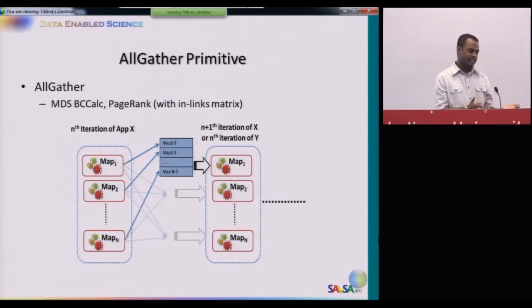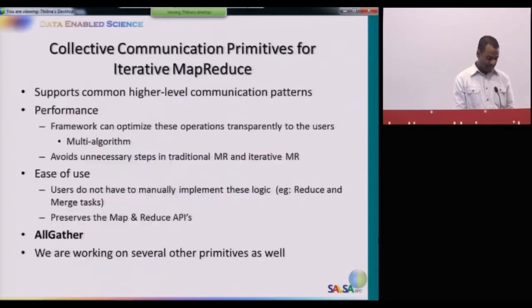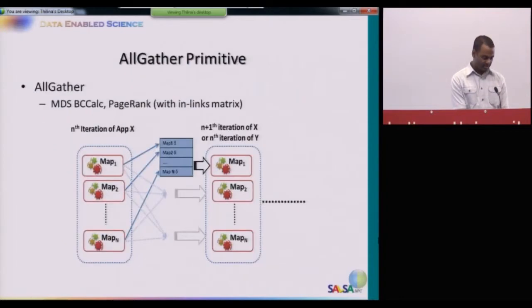In such scenarios, we can avoid the reduce task as well as the merge task by coming up with a communication primitive where the data from the map task would be transferred to all the nodes using a one-to-all broadcast, and then would be collected together in the destination map task. So that's the advantage you can get. And the other thing is the ease of use, because now the users don't have to worry about implementing the reduce or the merge task.